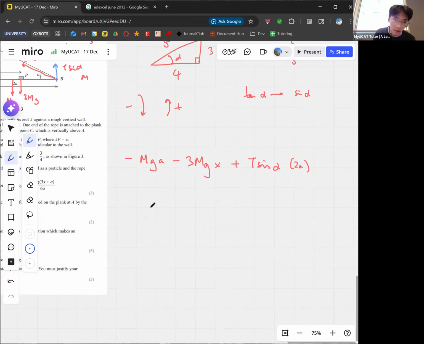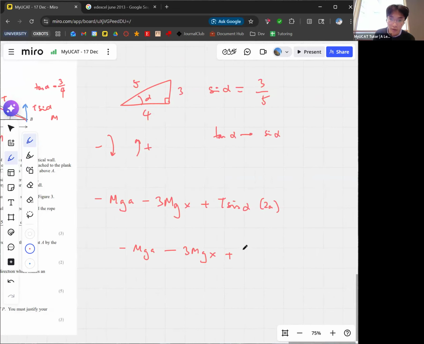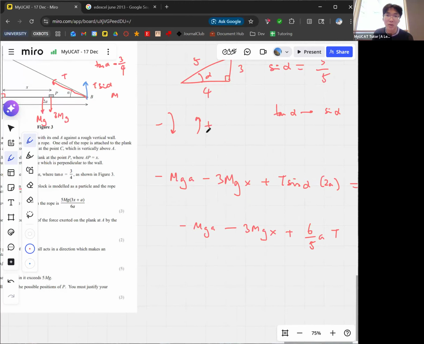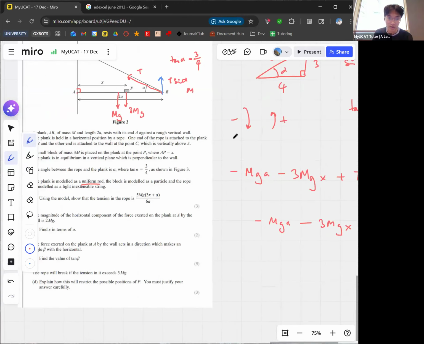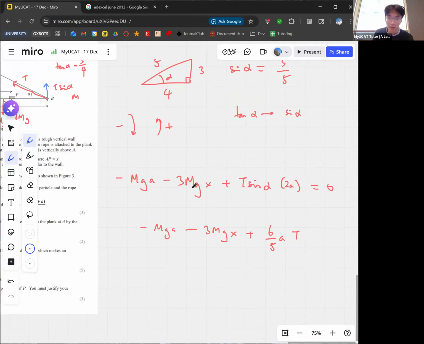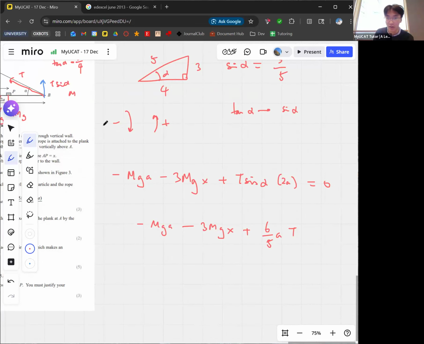You plug that in, and I get minus mga minus 3mgx plus 3/5, so that's going to be 6/5 a of T. I know this is equal to 0 because the total anti-clockwise and clockwise moments equal 0, right? Because this is in equilibrium and it sits still, which means the total negative should equal the total positive, which means this is all going to equal 0 because I'm putting the clockwise as negatives and the anti-clockwise as positives.